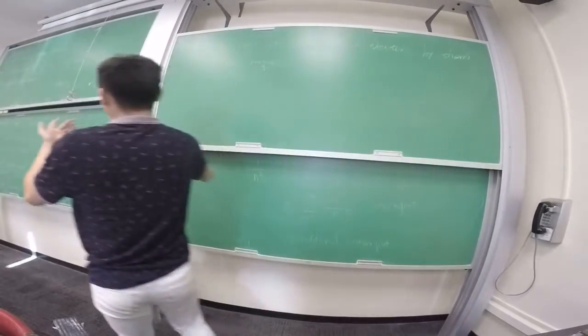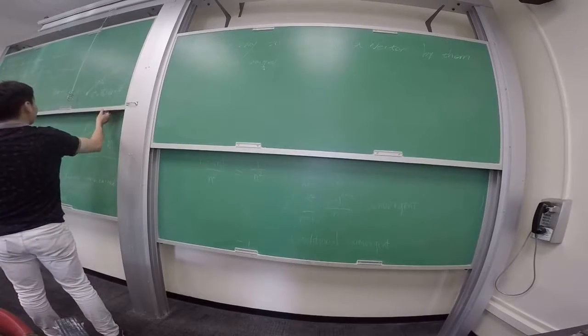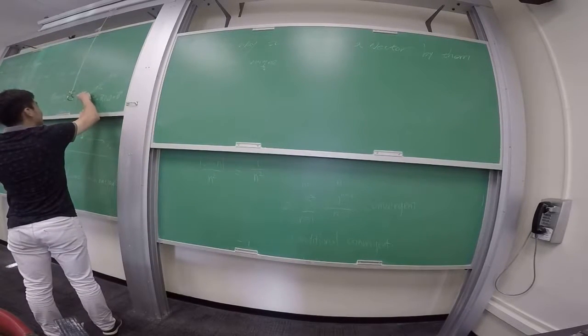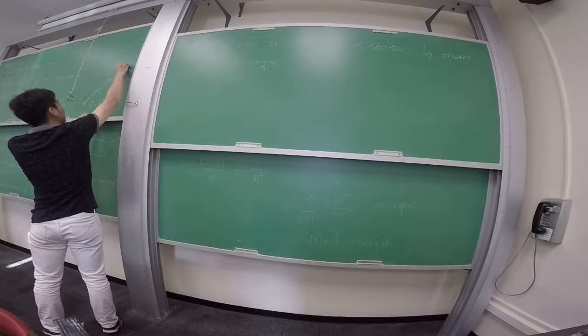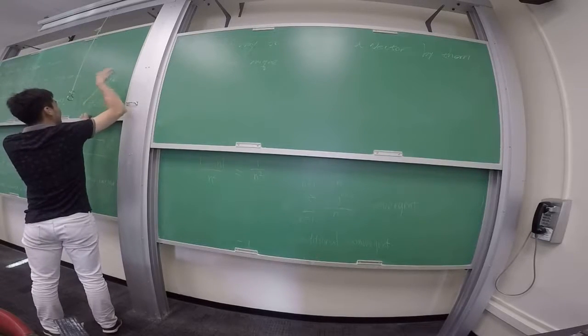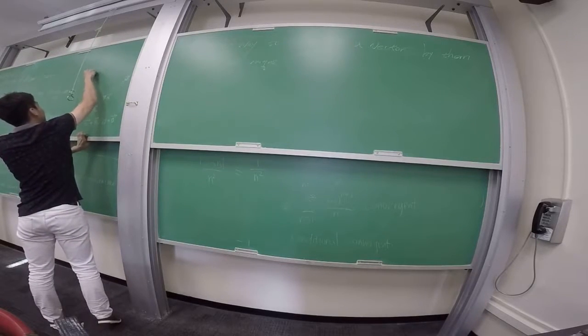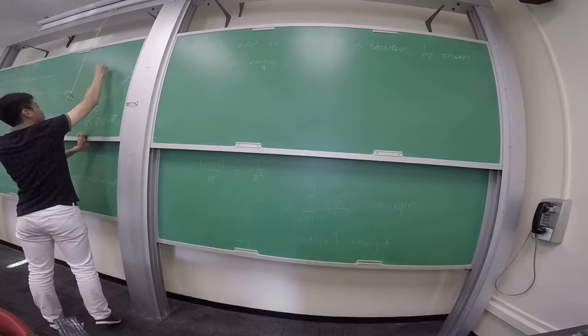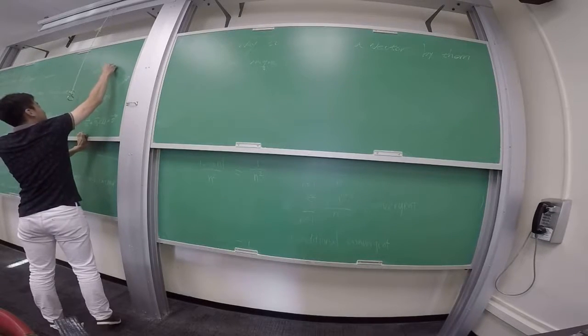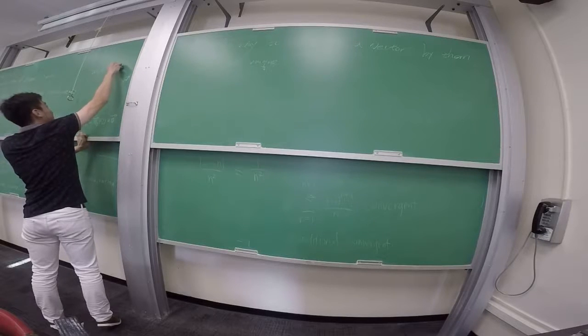Like in this picture, let's say I just want to represent this vector, which is the second vector times 3. I call it W, and then W is equal to, okay, I can write it as the first vector multiplied by 0 plus the second vector multiplied by 3, right?